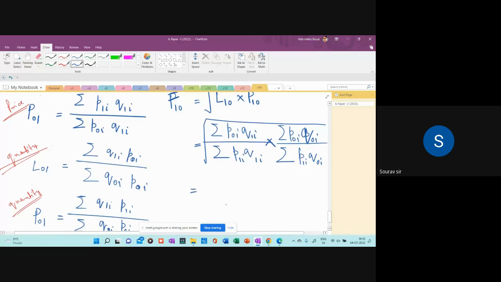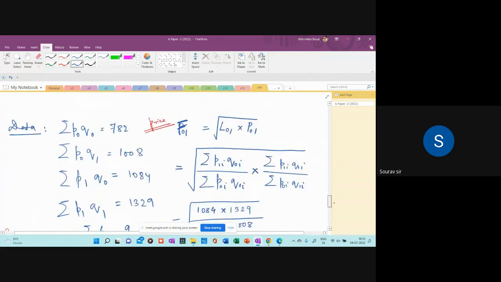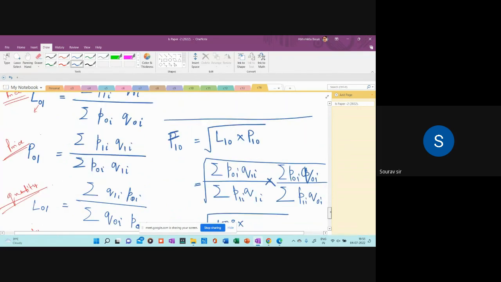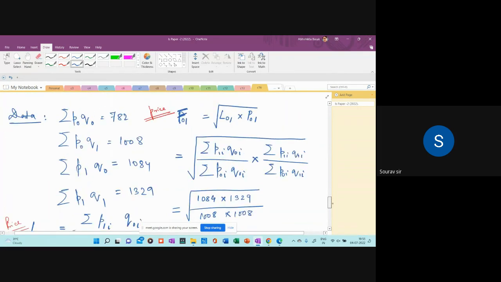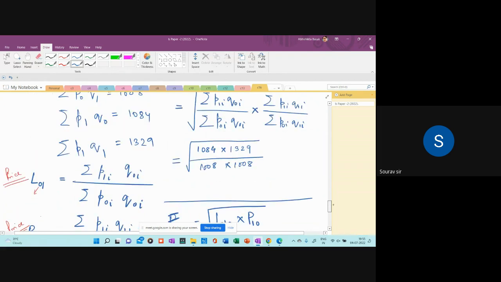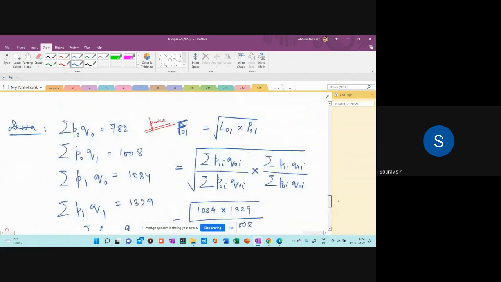And over here, the value is basically P naught Q1. Let's check the value. P naught Q1 is 1008 into P naught Q naught. P naught Q naught is 782, and this is P1 Q1 and P1, this is also going to be P1 Q1. Okay, let's check this formula. Wait, this is P naught Q naught.